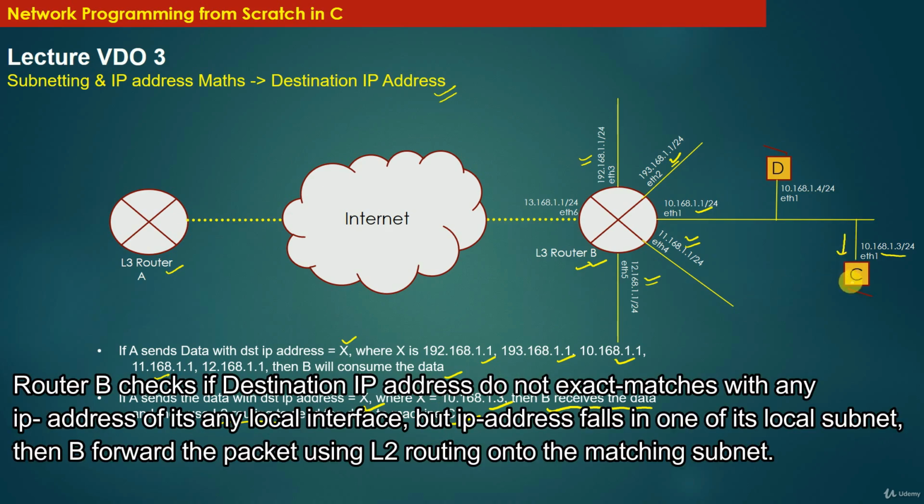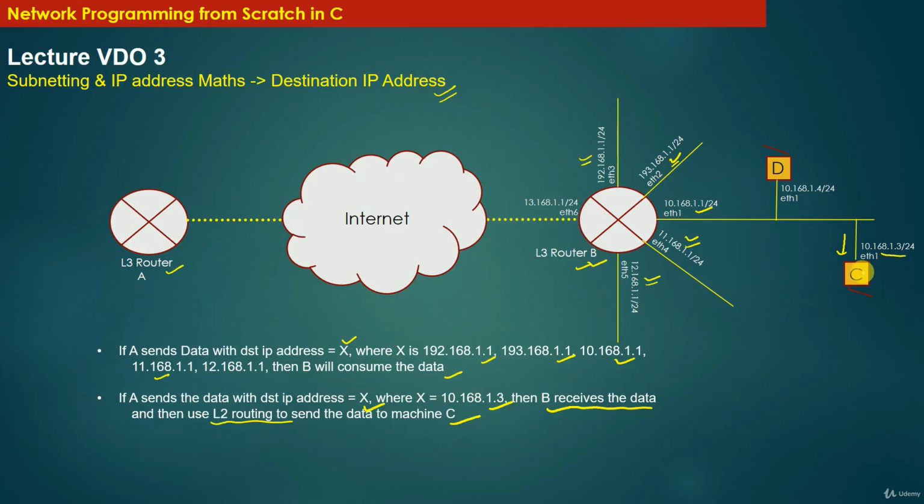And when the machine C receives the data, it will check that the destination IP address in the IP header is equal to the IP address of its local interface. So this condition becomes true and the machine C is going to consume the data, right?